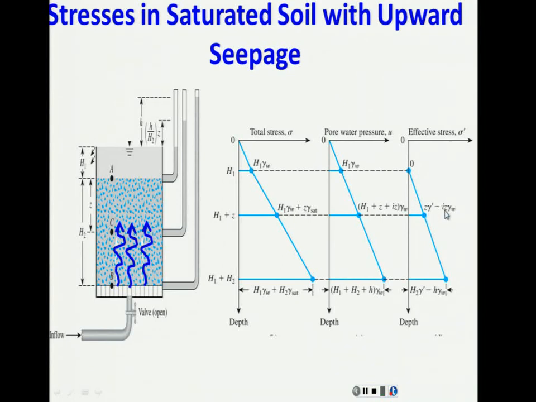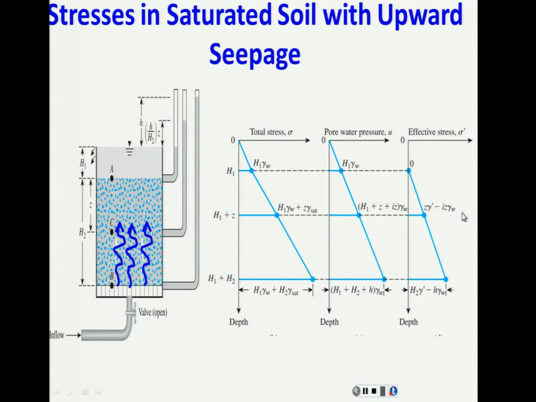At any point. Now remember the boiling condition and the quick condition. That happens when this is 0. So if this is 0, you can calculate what I defined in the previous lecture as the critical hydraulic gradient.